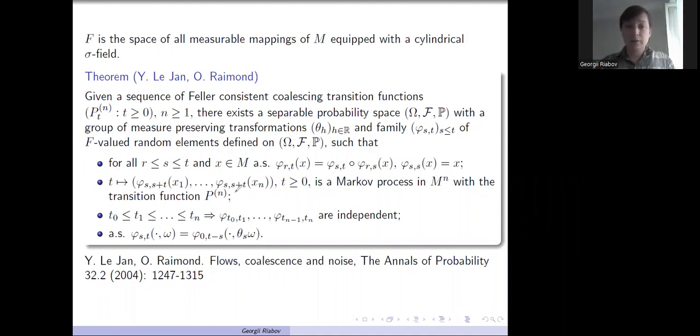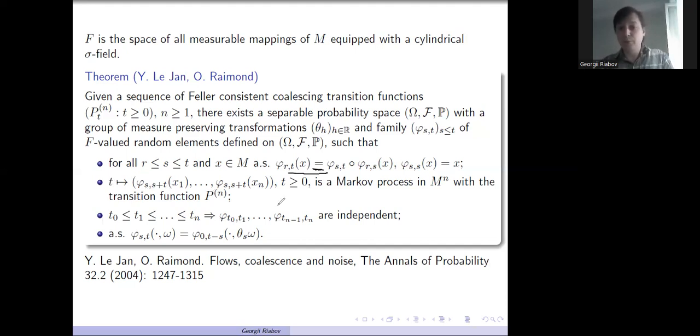However, in this construction, we don't have the flow property that holds simultaneously for all R, S, T, and X. This result only gives a crude flow property in the sense that equality here holds almost surely, but the exceptional set can depend on R, S, T, and X. And the rest is the same as in the previous theorem.